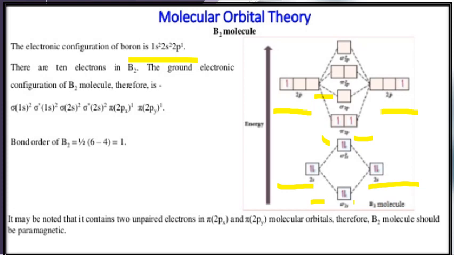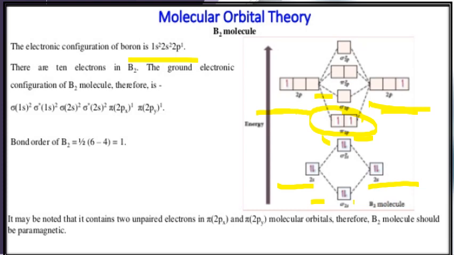These are the atomic orbitals of both the boron atoms. You can see each one is holding one electron. Now we have the lower energy orbitals, pi 2py and pi 2pz, as degenerate orbitals. They are located first. So these are two orbitals present at the same level, and we will follow Hund's rule.